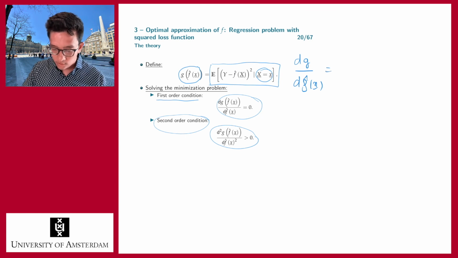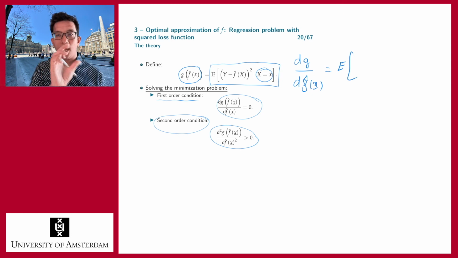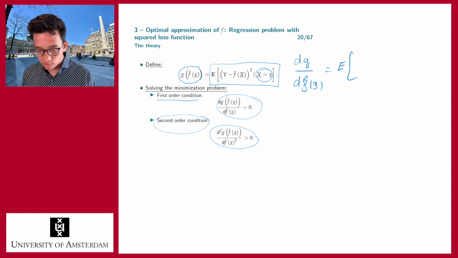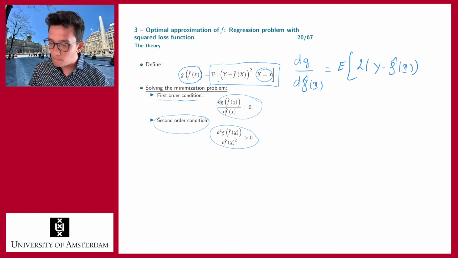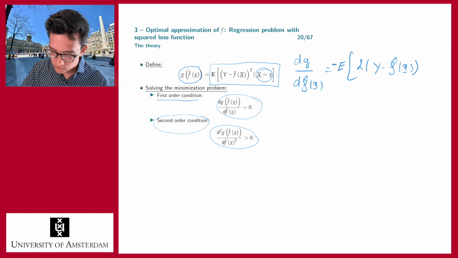Well, we can write this as an expectation. We change the expectation and the derivative. We take the derivative of a squared function. It's 2 times y minus f hat of x. We have a minus sign, so we have to put a minus sign here too. And we have the condition X equal to x.